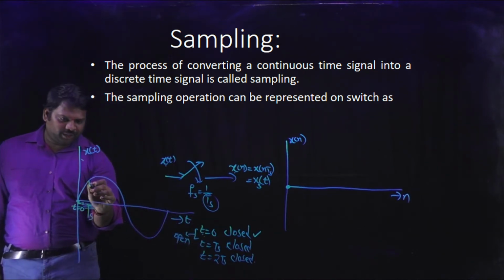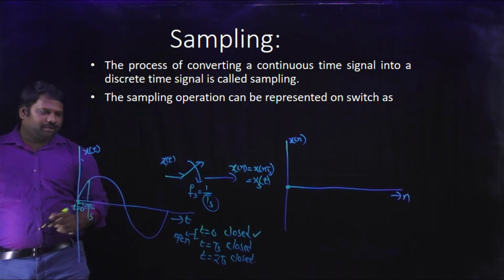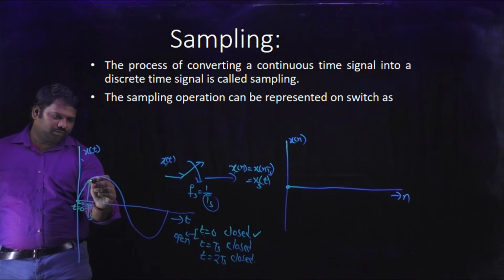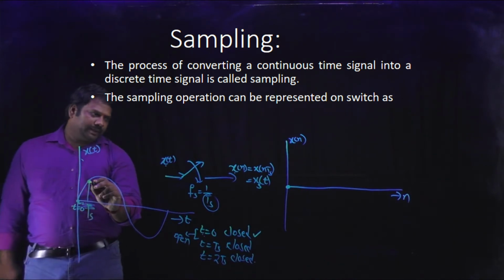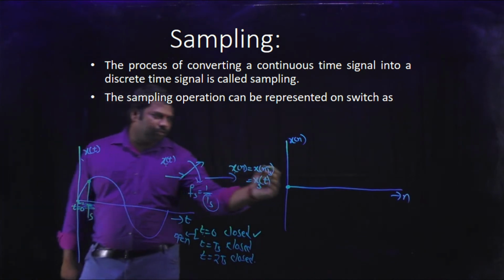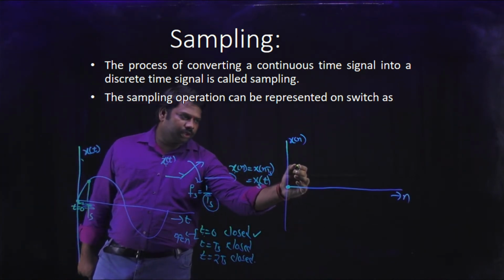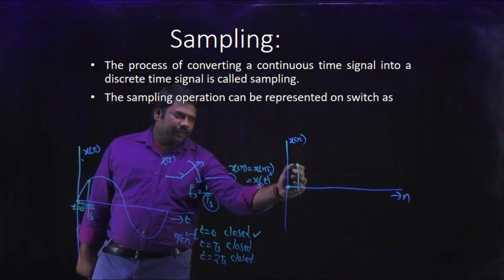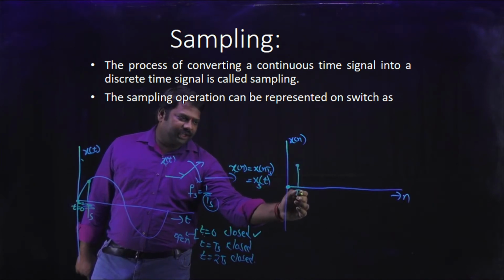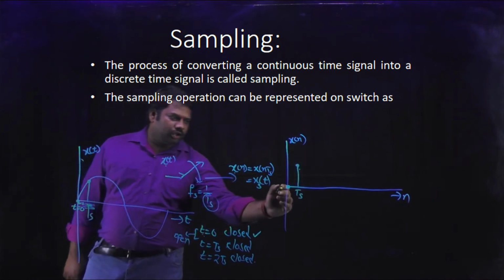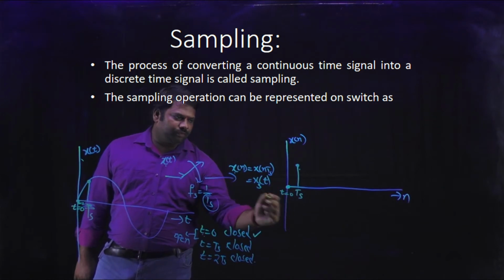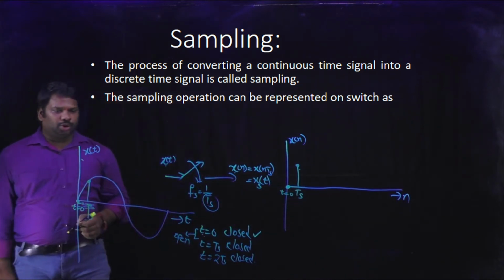Therefore, the peak value, or the amplitude of the sinusoidal signal, will be picked up, and that picked up value will be produced as our output. That is the new sample at Ts units. The first one is at t equal to 0, the second one is at t equal to Ts.